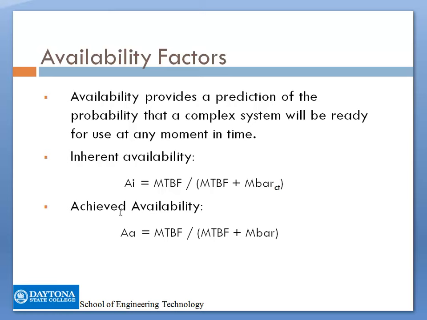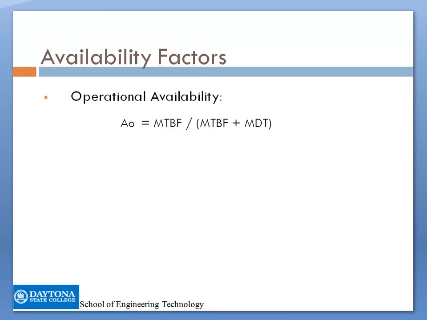You also have the achieved availability, and it's using the mean time between failures as well, but it's using the mean life that is not CT. And then you have the operational availability, and it's using the mean time between failures and the mean downtime. So in terms of reliability, it's very important that you understand how maintainability plays a role and how availability is also part of this role.